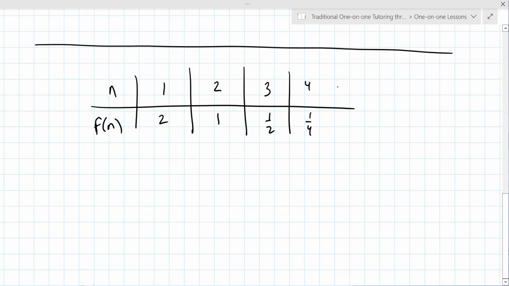So how are you going from one to the next? You're dividing by 2, or multiplying by 1/2. So you have to be careful here. If you divide by 2, that is the same as multiplying by 1/2.